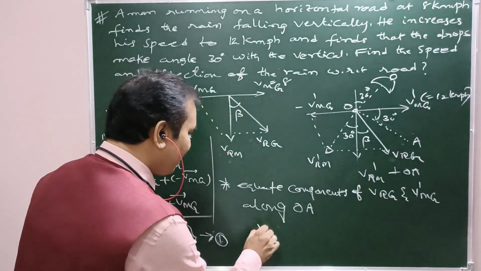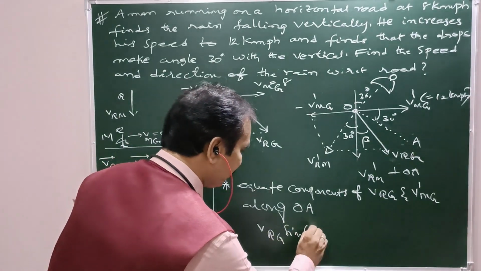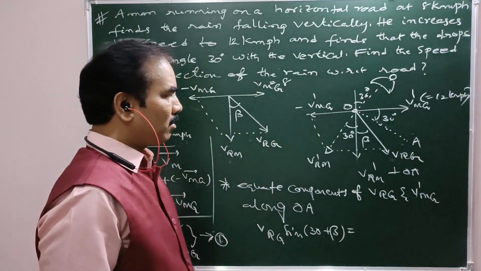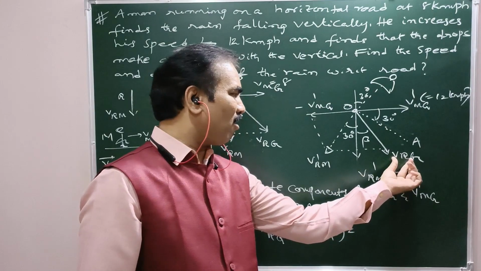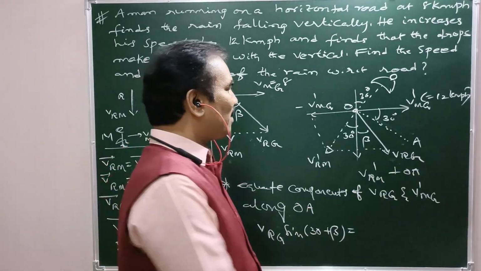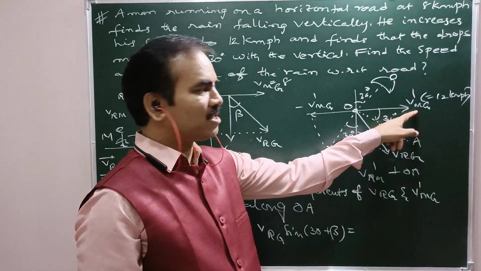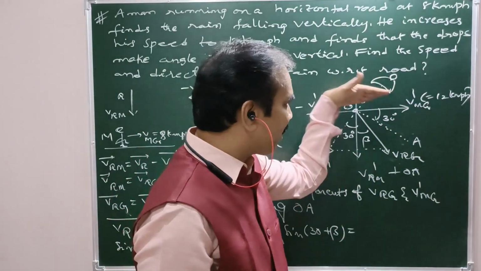So VRG sin 30 plus beta must be equal. VRG finds its component VRG sin 30 plus beta along OA. In the same direction, what is the component of VMG dash? See, this is 12.